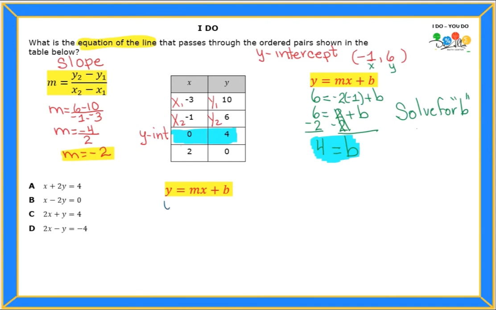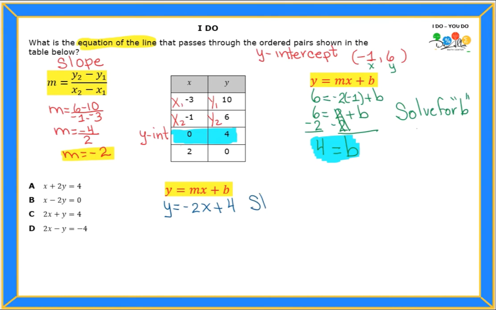So y equals negative 2x plus 4, because 4 is b. And I know what you're thinking: Miss, none of the answer choices look like mine. That's because the answer choices are in standard form, and the answer that we got is in slope-intercept form.